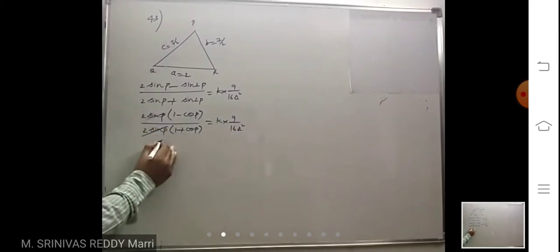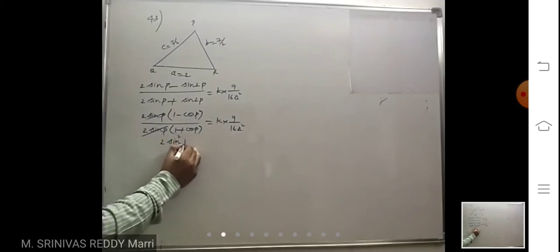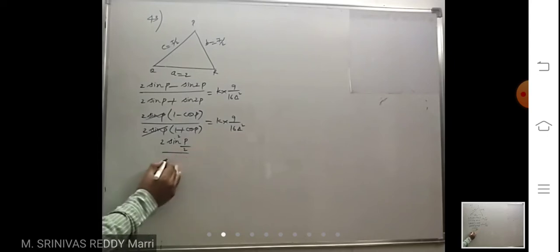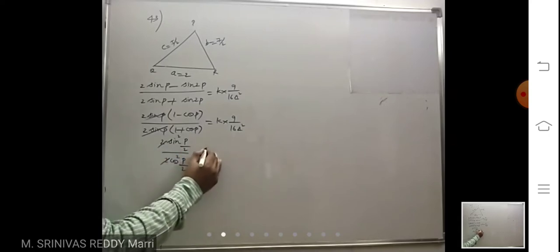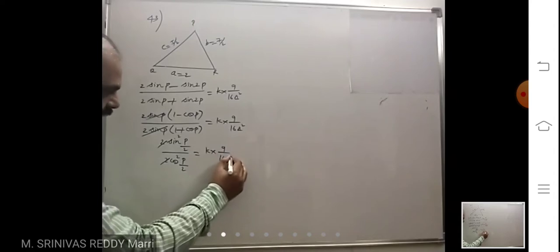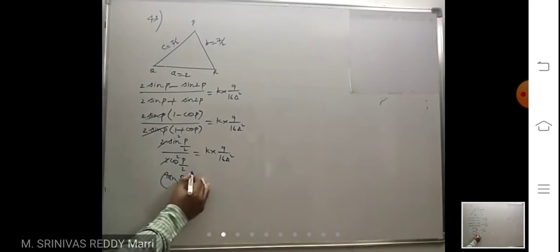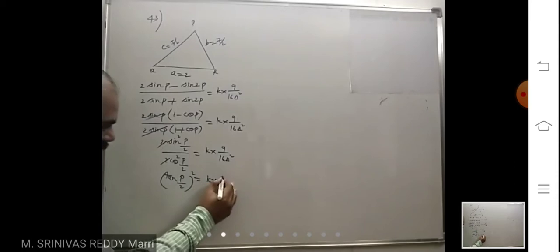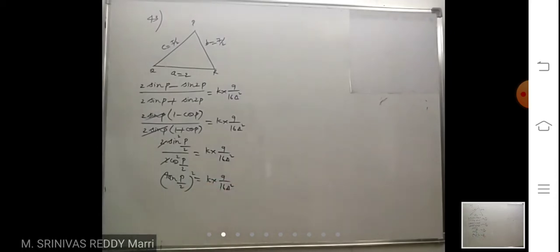So 1 minus cos P is nothing but 2 sine square P by 2 divided by 2 cos square P by 2. This is nothing but tan P by 2 whole square, equals K into 9 by 16 delta square.